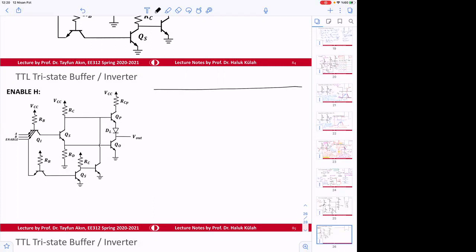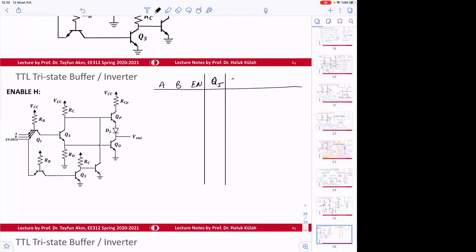I don't need A and B. In fact, before A and B, I'm going to write the state of the enable. And then, what is QI?